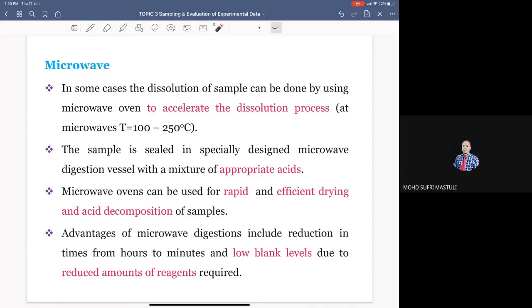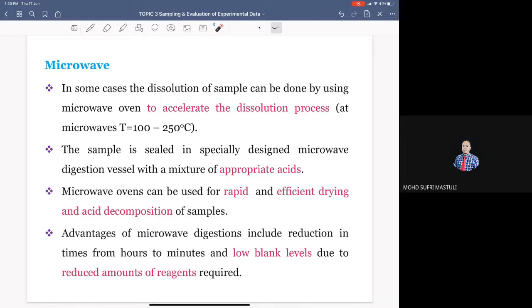In the microwave oven, the temperature is around 100 to 250 degrees C. If you want to apply microwave digestion, the sample has to be sealed in a vessel and mixed with the appropriate acid to allow the dissolution to take place.